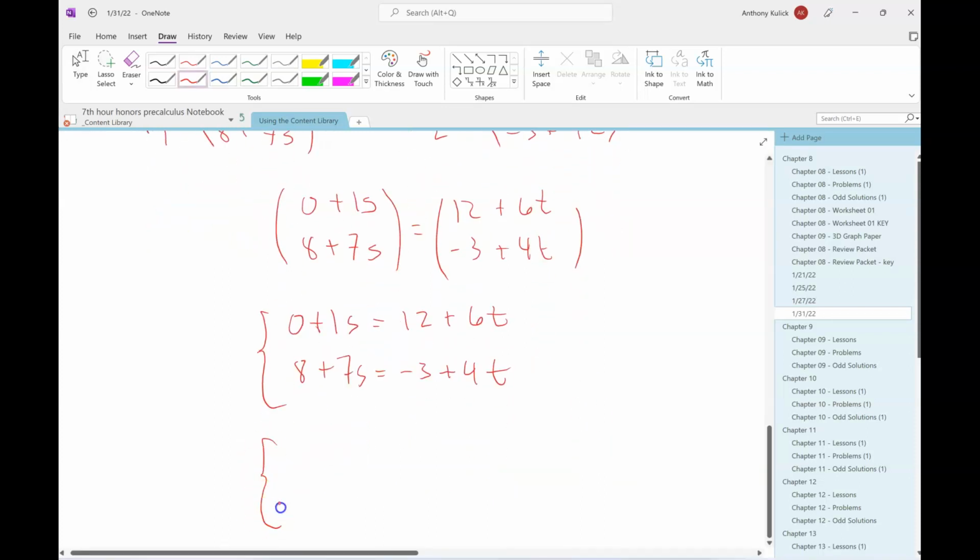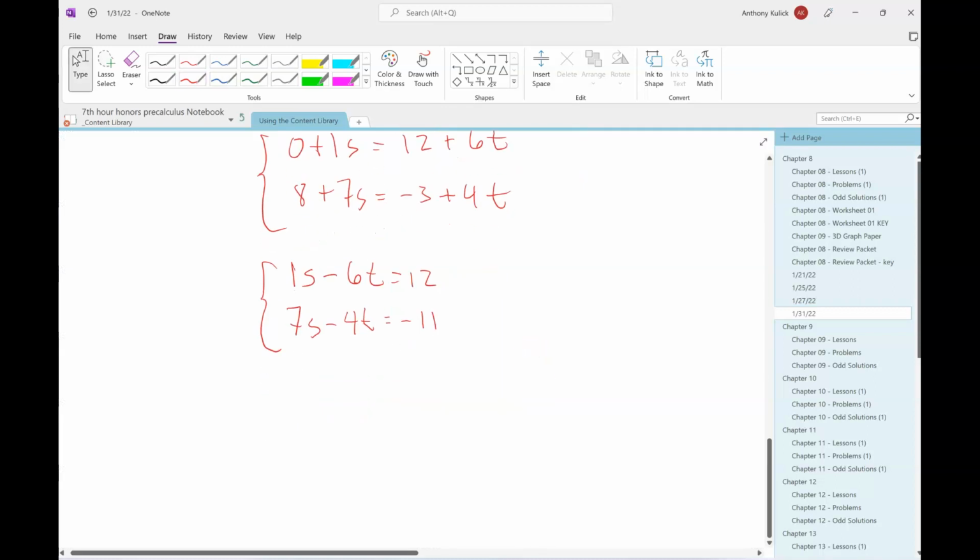I'm going to solve this system, so I'll put it in standard linear form. In the first equation, I'm going to subtract 6t over. In the second equation, I'm going to subtract 4t over, and then subtract 8 over. That's going to give me a two-variable system.